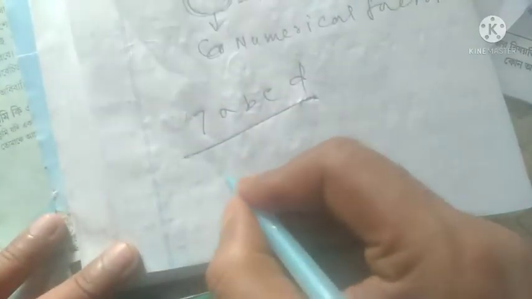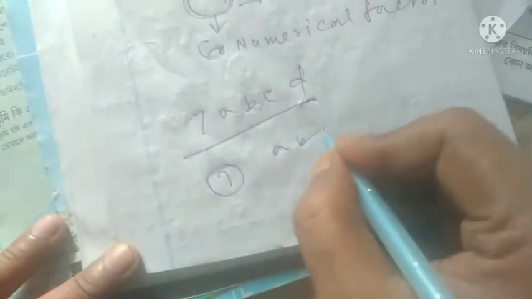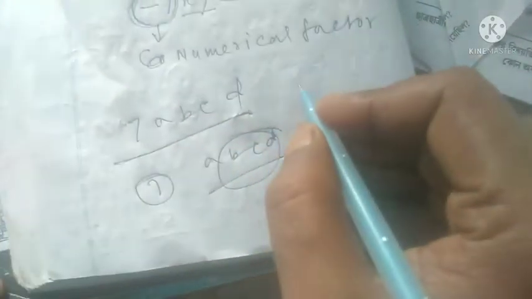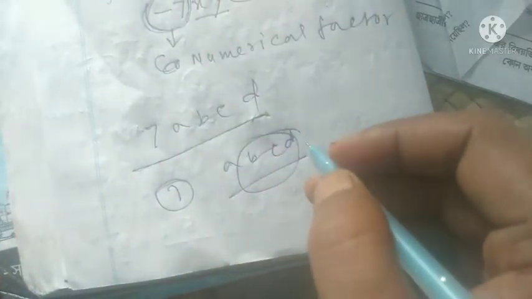This is an algebraic expression. In this expression, 7 is the numerical factor and abcd is the literal factor.